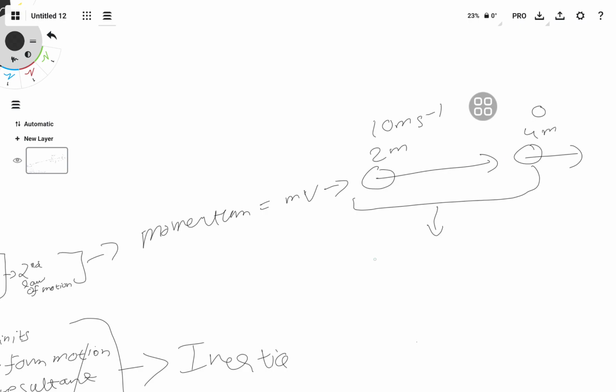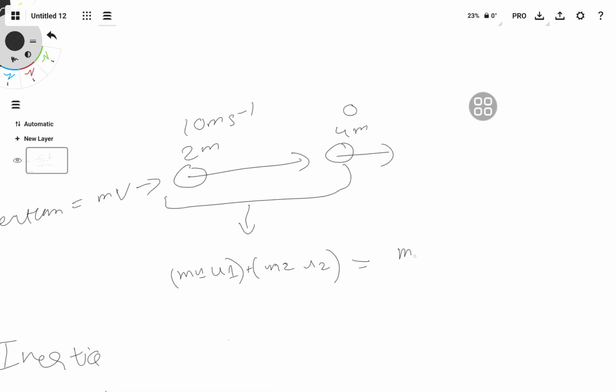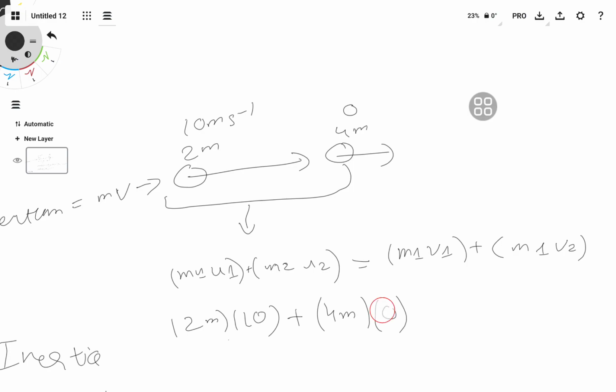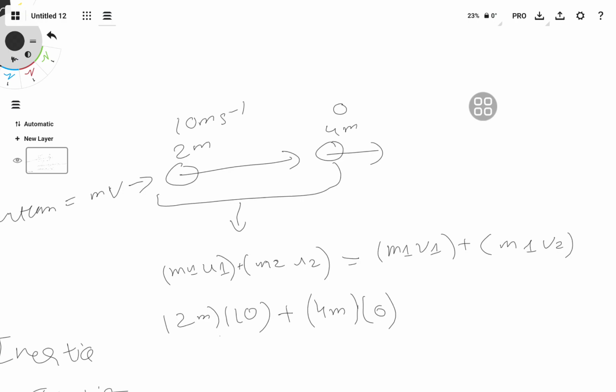If we have m1 and m2, the equation here is m1u1 plus m2u2 equals m1v1 plus m2v2, which is 2m times 10 meters per second plus 4m times 0, which is 0.